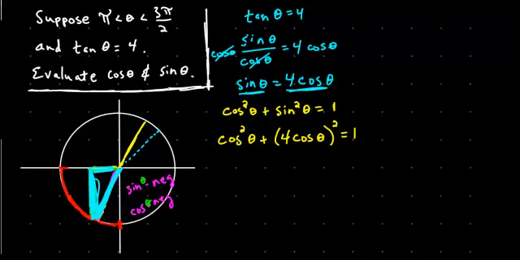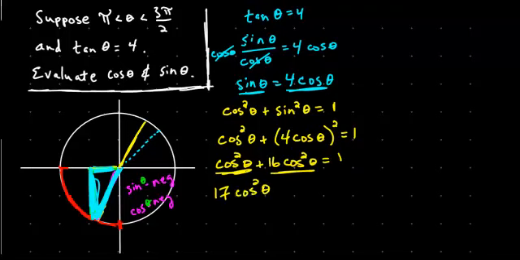That gives cosine squared theta plus 16 cosine squared theta, since 4 squared is 16, equals 1. Cosine squared plus 16 cosine squared is 17 cosine squared, so 17 cosine squared theta equals 1. Divide by 17 and I get cosine squared theta equals 1/17.